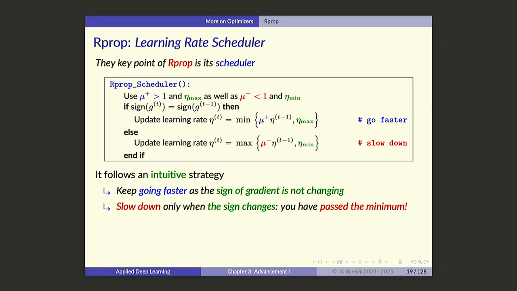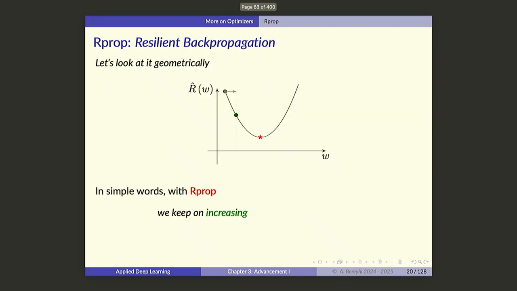Everybody's clear? So this is the idea, and this is only for one dimension. You can see it in this diagram. Here the sign is negative, and at the next point it is again negative.